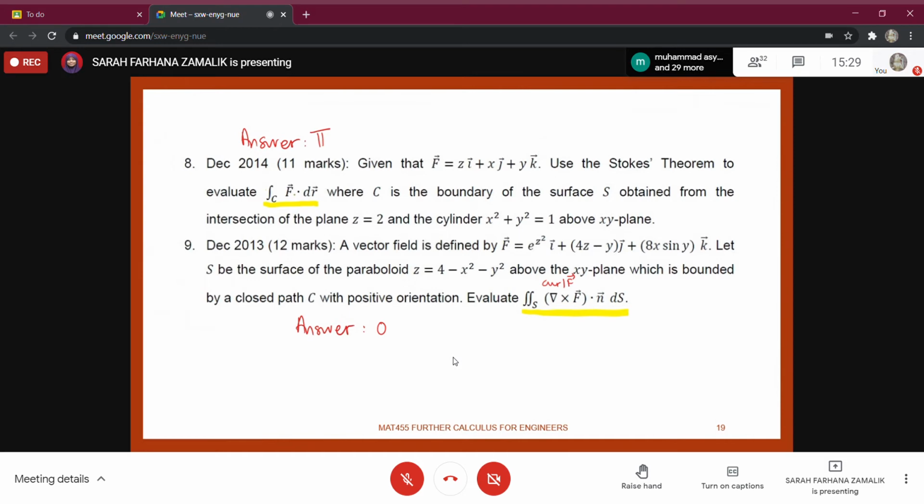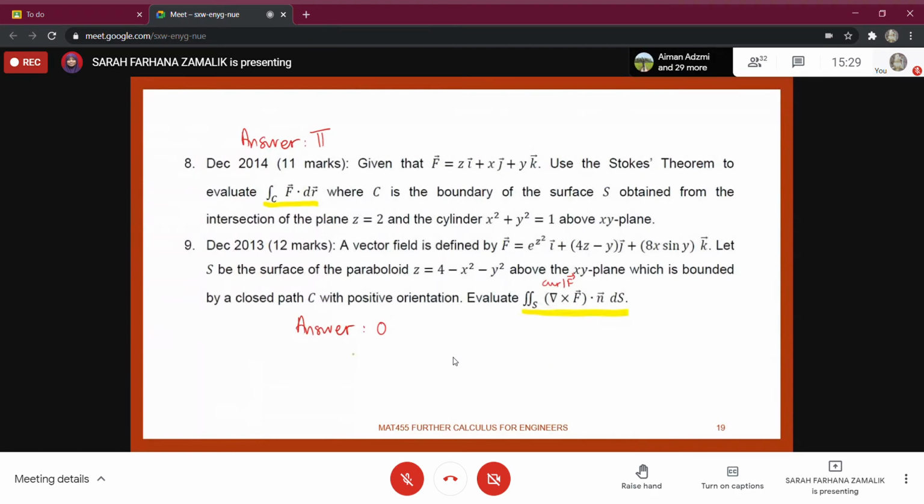Read the question first. The question asks to evaluate line integral by using Stokes Theorem. So you must show the double integral which is the surface integral. So what we want to show later is related to surface S. That's why you must know where S is. Okay, depends on the question given to you. You must know whether it is S or C. Okay. So number 9 is also the same. What form is this? Del cross F. Okay.